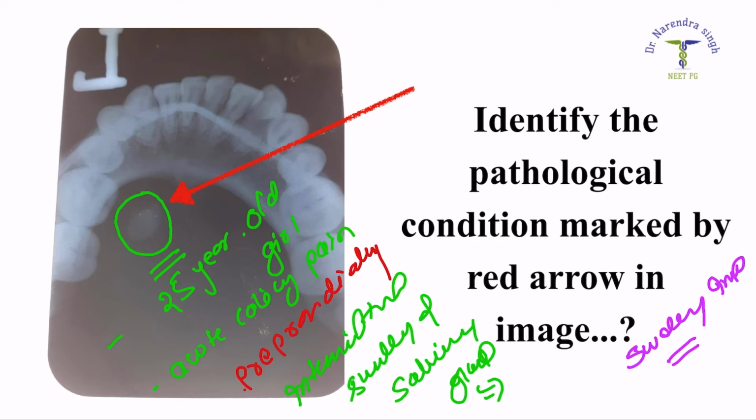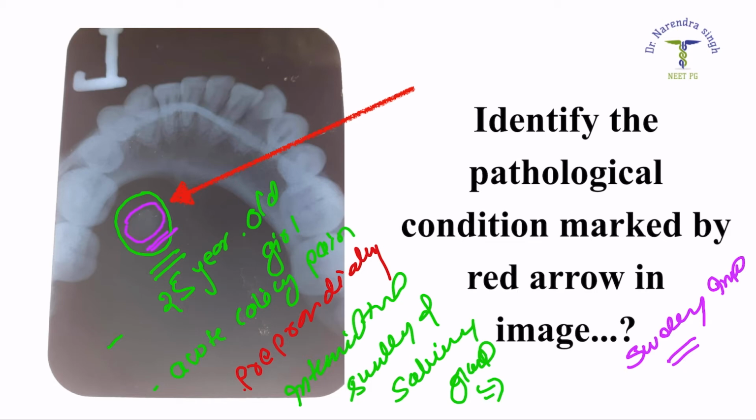So we went for investigation and we found a homogeneous radio opacity in the floor of the mouth on the left side, which is the same side where the girl told us about the pain as well as the swelling. Okay, so we had to identify this pathological condition, which has been marked by a red arrow.